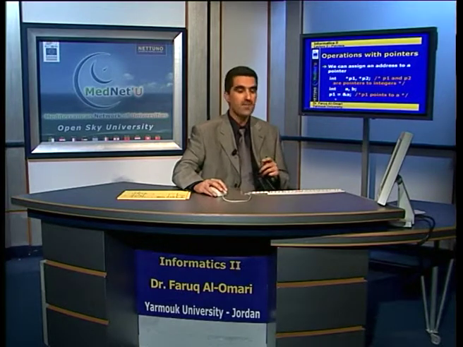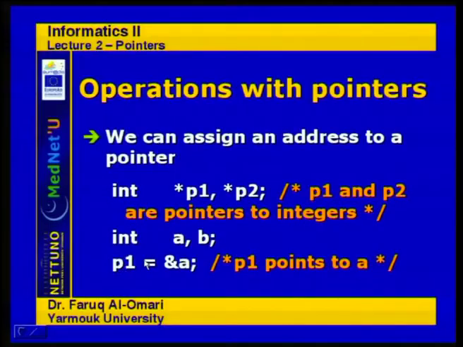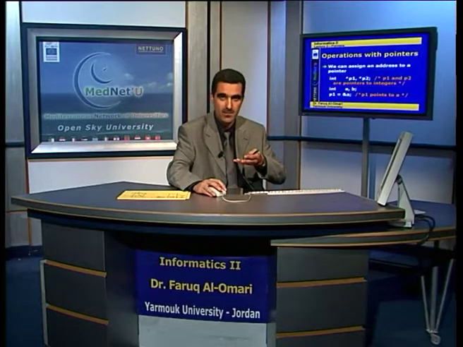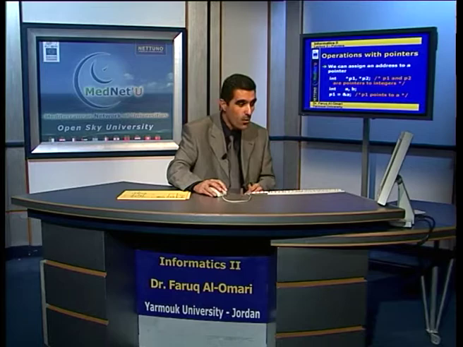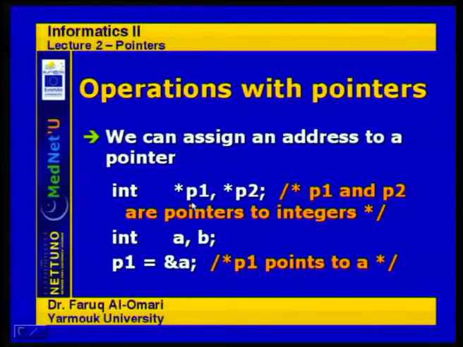Then I can say something like this: P1 equals ampersand a. What does this mean? This means P1 is going to point to a, or P1 equals the address of a. So when I use this character, I refer to the address of whatever variable comes after it.